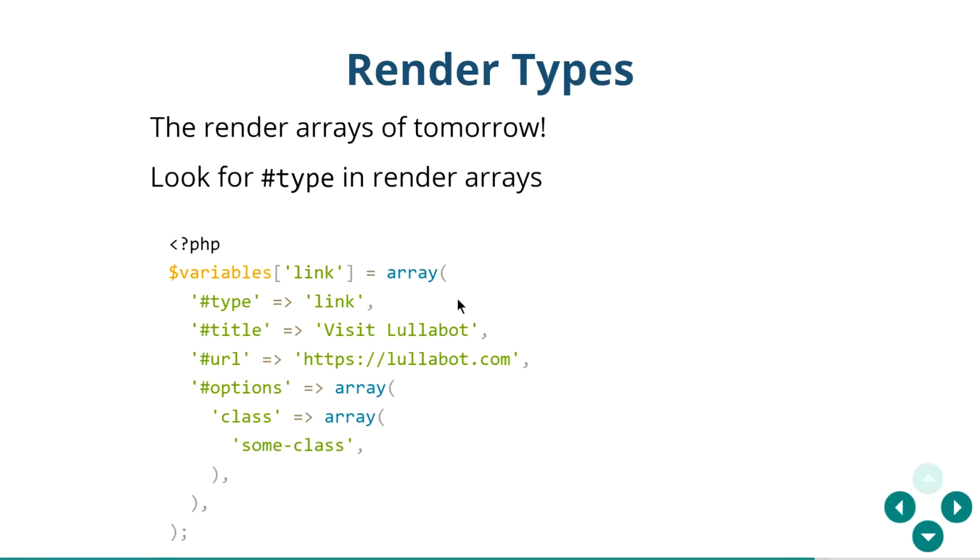But if you see type, that probably, I think almost definitely, means that it's going to be rendered much like a render array from 7. It's going to run through some code. It doesn't have an associated Twig template. And these are usually very small elements, and the only reason we still have these is for performance, because sending stuff to a Twig template can become heavy. So things like a link, form API kind of stuff, like a table or a text field, these kind of things are usually handled in render types.